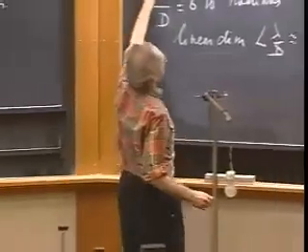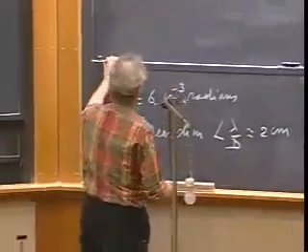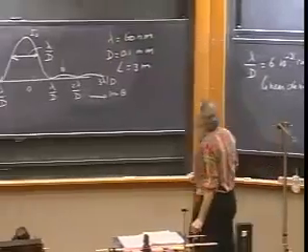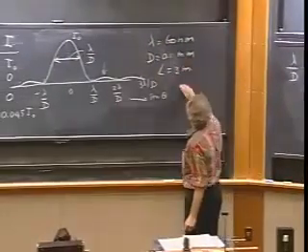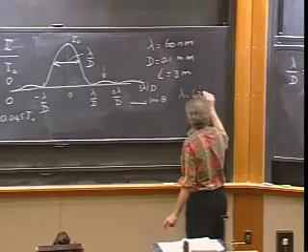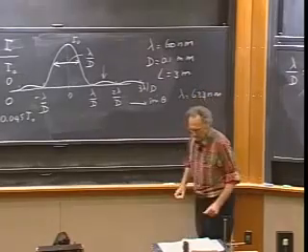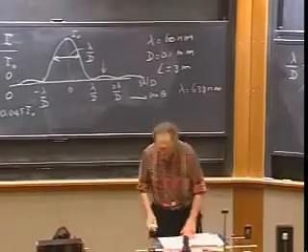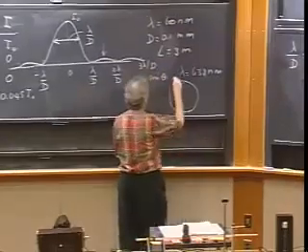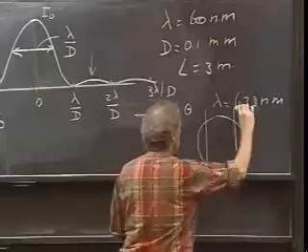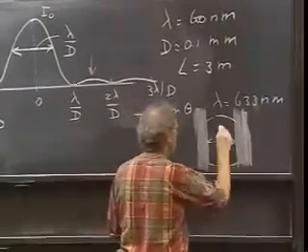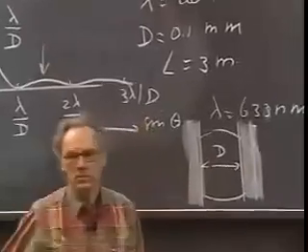So I'm going to do it with a 633 nanometer laser light, and the beam of that laser is about 3 millimeters, and then we have a slit here. So this is the opening, so this is the D, and we can make the D smaller.